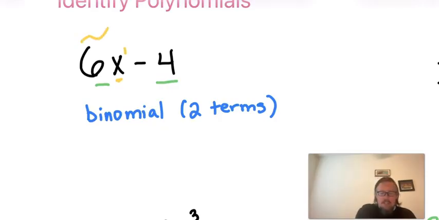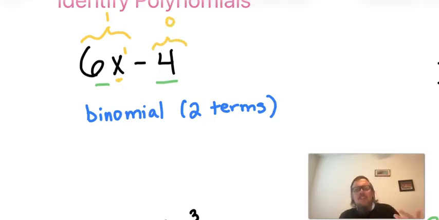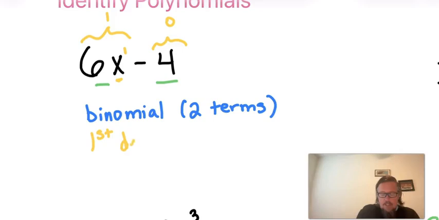So the degree of this first term is 1, and the degree of this second term is 0, because 4 doesn't have an exponent. The biggest degree any term has is 1, so this is a first degree. We would call this a first degree binomial.